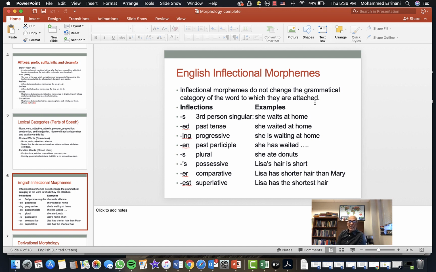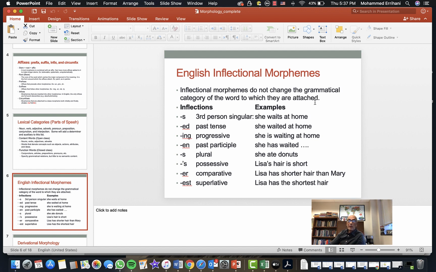So seen is denoted by en. If I ask you to explain the past participle of see, you tell me it's en. That's what we mean by the past participle. It's the third form of the verb. But the reason why we have she has waited, it's a combination of has and waited, which makes it a past participle.